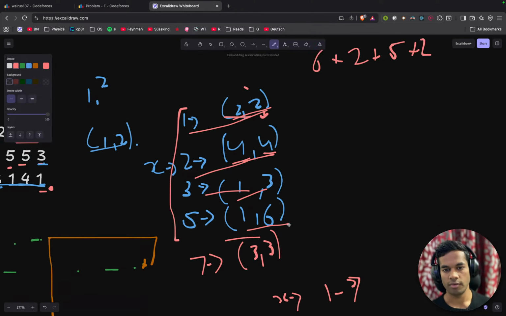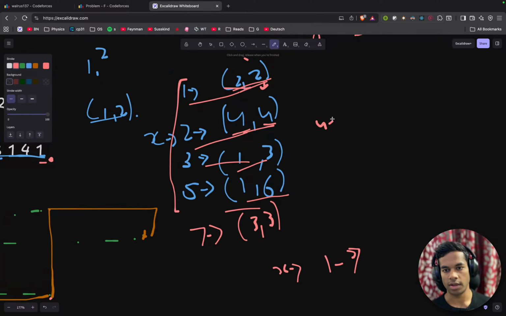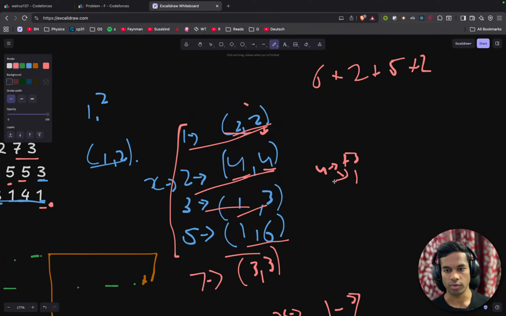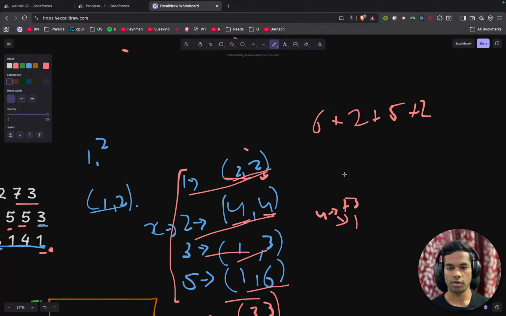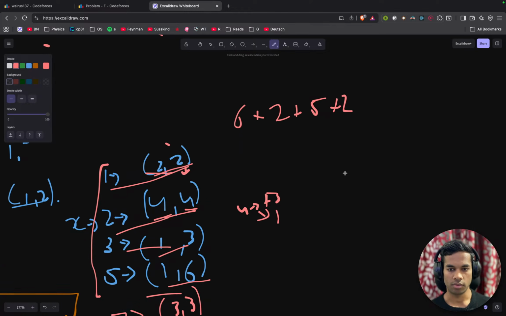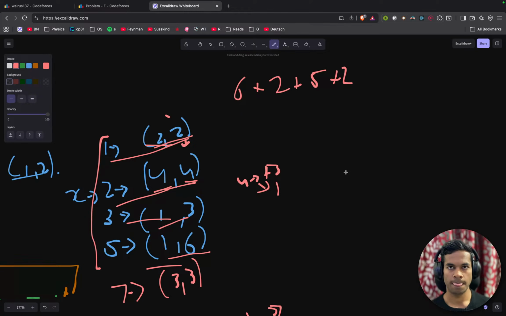Then when we are at 4, from 4, either we go to 1 or we go to 3. 3 looks closer. Let's go to the one that is closer to us. So we'll go to 3, and at the end we will end up at 1.